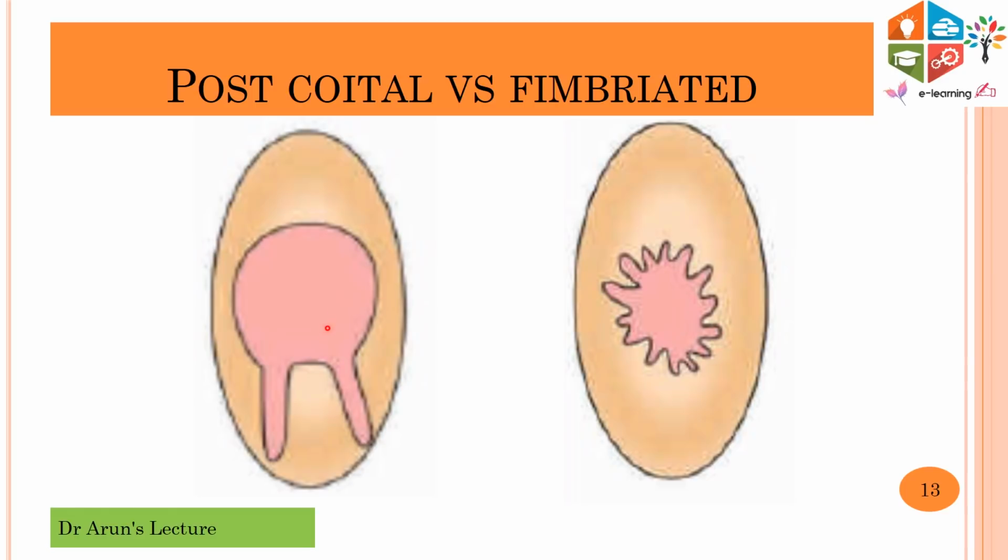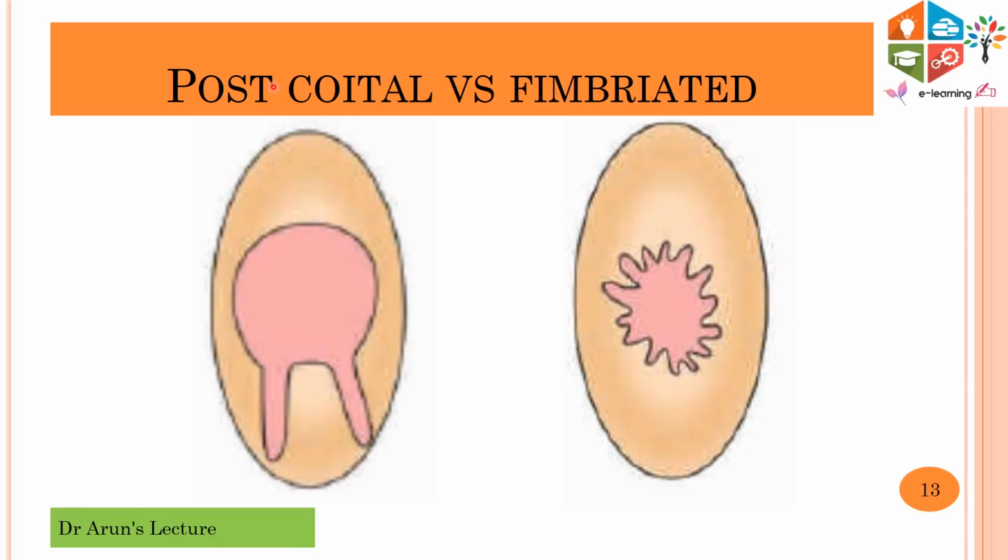The reason behind this presentation in the postcoital case is that there has been an act of sexual intercourse, whereas the fimbriated is a naturally occurring type of hymen. The other differentiating feature is that the tears reach up to the peripheral margin.